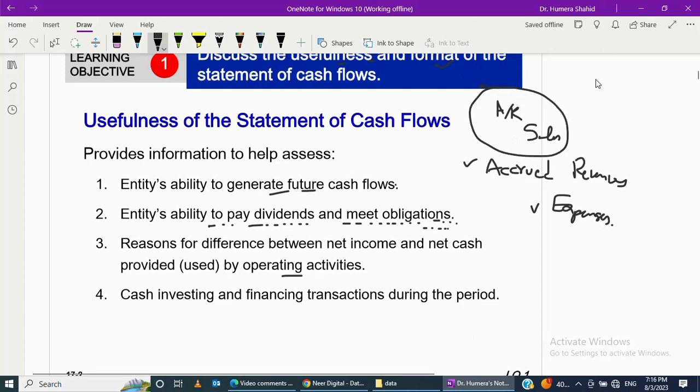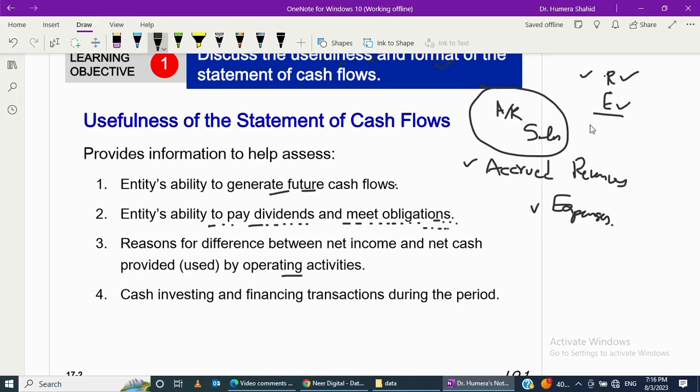But in the income statement, we have all the revenues, we have all the expenses, despite the fact you received the cash or not, it doesn't matter. Once a revenue is recorded or it is eligible to be recorded, you will record it in the income statement. If the expense is incurred, you will record it in the income statement, even if you paid for it or not yet.